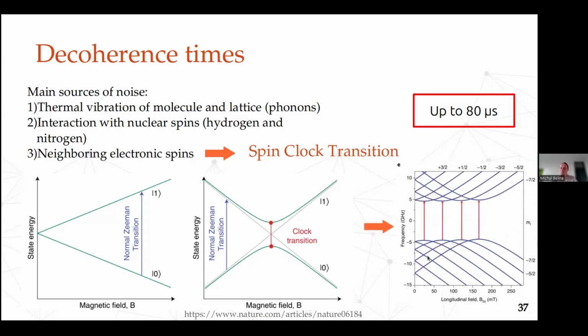And by tuning the system even more, you can create different spin clock transitions. So you can shield the different intensities of the magnetic field from interfering with your spin states.